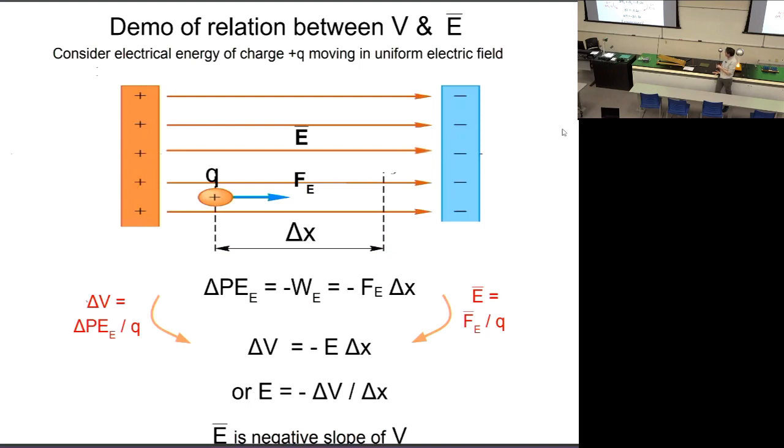In the picture, I've got a wall of positive charge over here on the left. I've got a wall of negative charge over here on the right. It's just a convenient setup to define the relationship, to connect together V and E. So I've made that arrangement. And of course we know that the positive charges are sources of electric field lines.